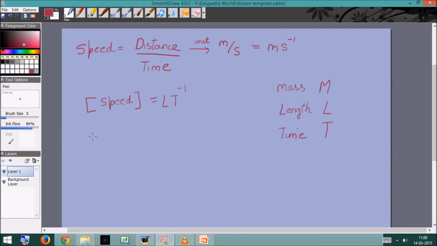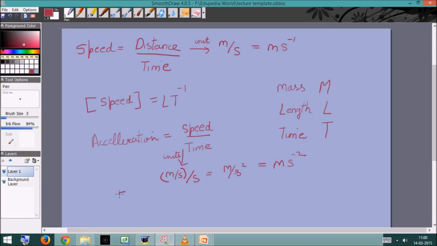Okay. We know what acceleration is. Acceleration is change in speed upon time. I'm just going to write speed for short now, but you know there is change in speed. So that means the units of acceleration are meter per second, which is the unit of speed, divided by second, which is meters per second square, which is meters and second to the power minus 2.